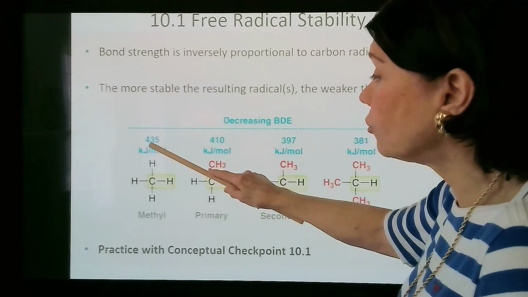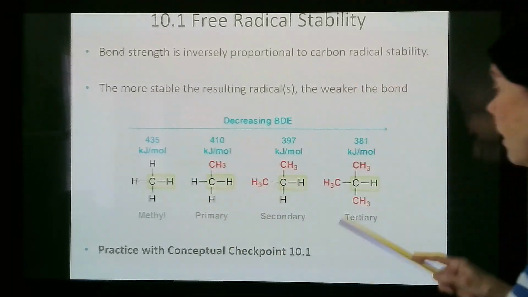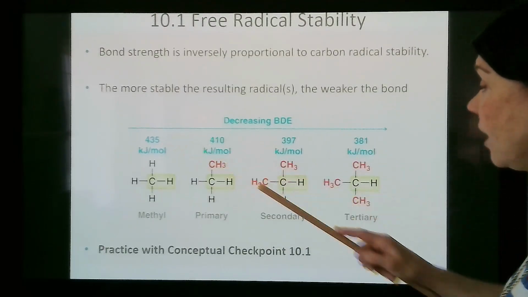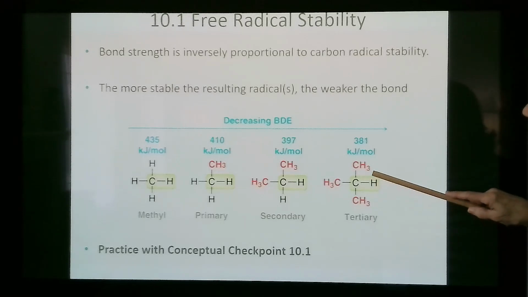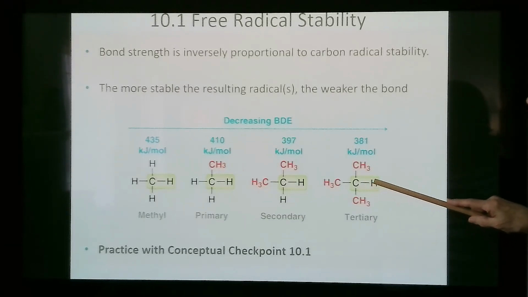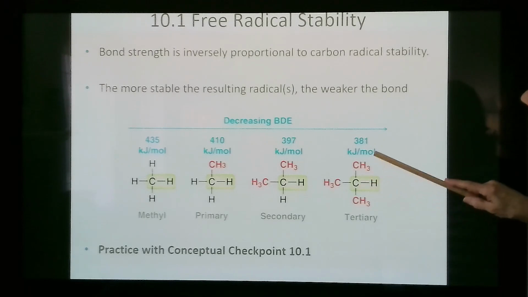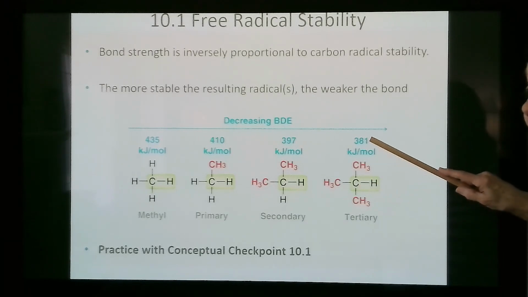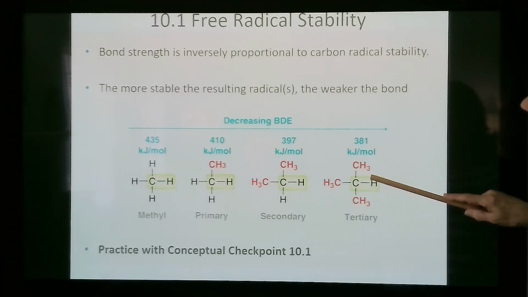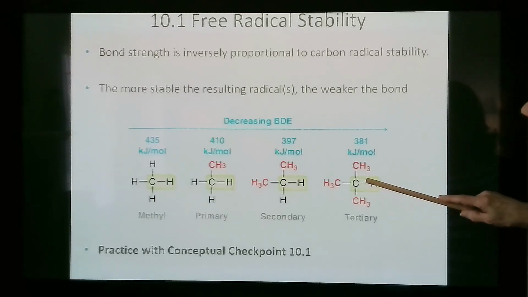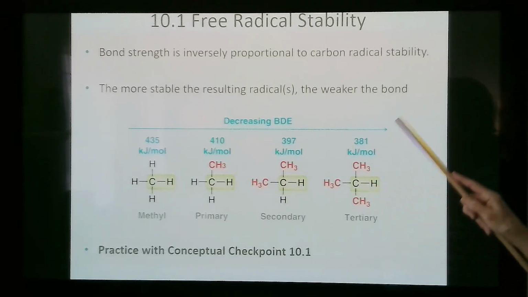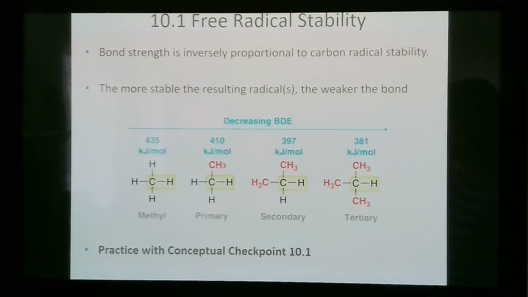And so the bond strength is strongest and highest over here. The tertiary radical is the most stable, so it will be easiest to homolytically cleave that CH bond, and that means it takes the least amount of energy to break that CH bond and go to the tertiary radical.